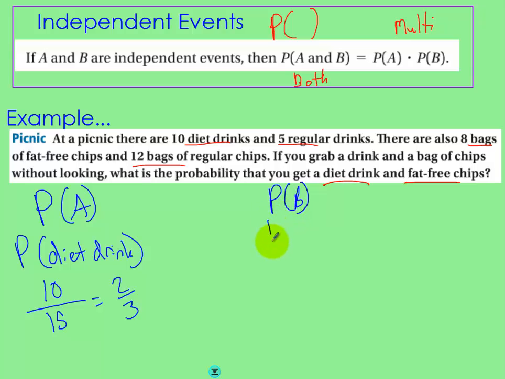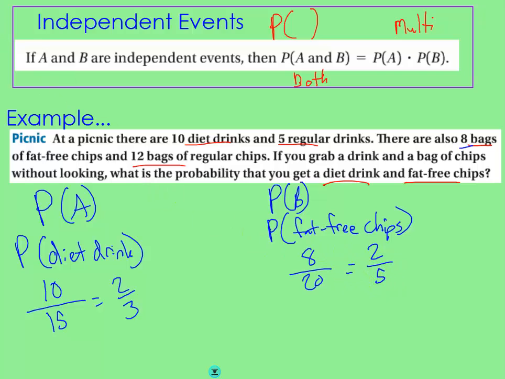Now, probability of event B, the second event, that's going to be probability of getting fat-free chips. In this case, there are 8 bags of fat-free chips, divided by 8 plus 12, 20 bags total. And that's going to reduce by 4. That's going to reduce to 2/5.